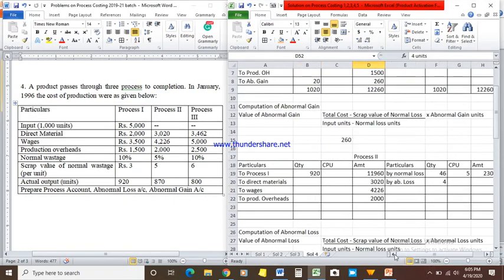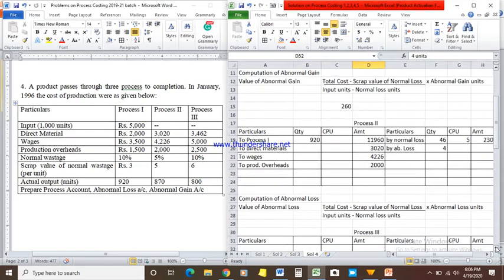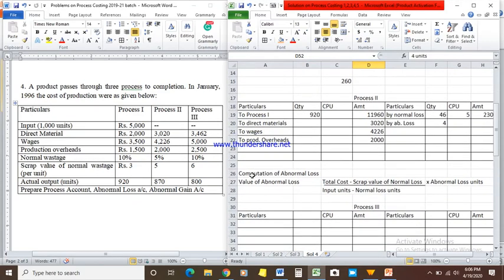Now what is the value of this abnormal loss unit? Again we will go with the working note, that is computation of abnormal loss. So total cost minus scrap value of normal loss, divided by input units minus normal loss units, multiplied by abnormal loss units.